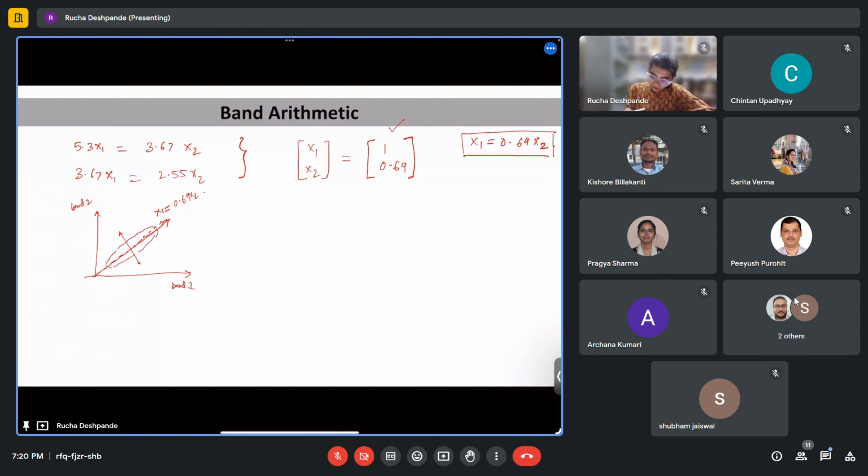So if we take lambda is equal to 0.38, Mx is equal to lambda x, is equal to 0.38.